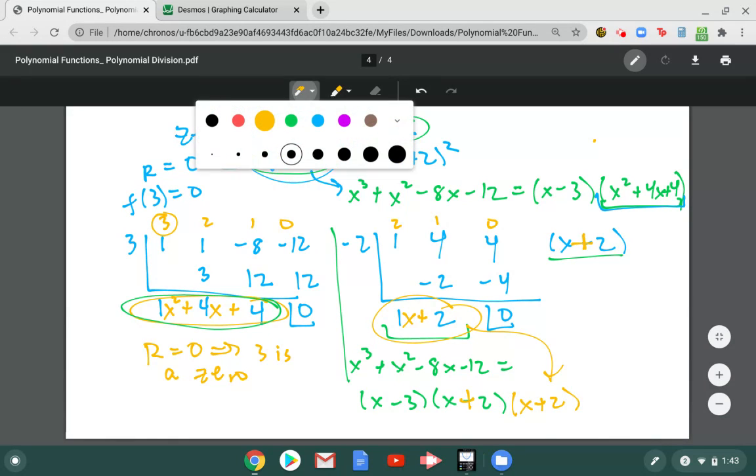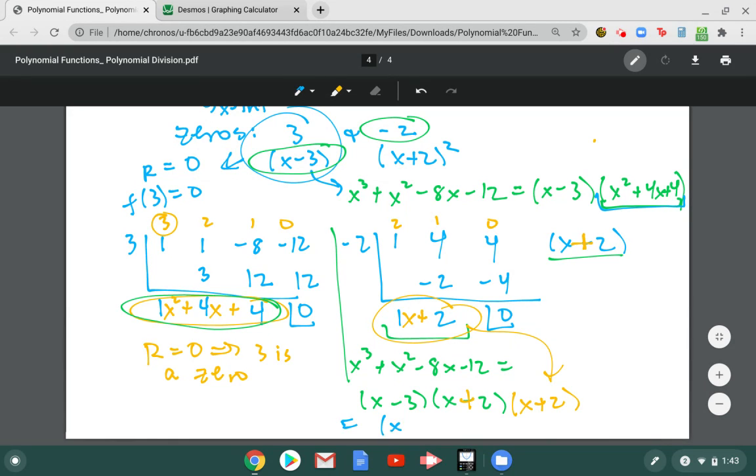Well, what is this? If I write it, this shows me that I've got x minus 3 times x plus 2 quantity squared. I've got 3 as a 0, no multiplicity, and -2 as a 0 with multiplicity 2.